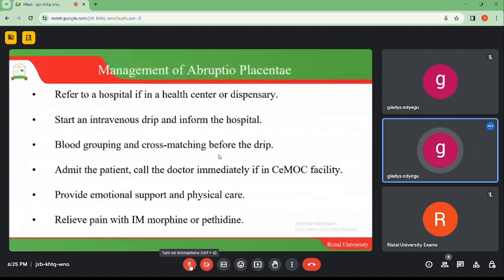Then refer to a hospital if in a health center or dispensary. I earlier mentioned that if it is a health center where you're giving only basic care, try to refer this mother as fast as you can, so that she can get the right management and an intravenous drip, and inform the hospital. If you're referring this mother, make sure that you put a line, the fluids are running, and you've informed the hospital.